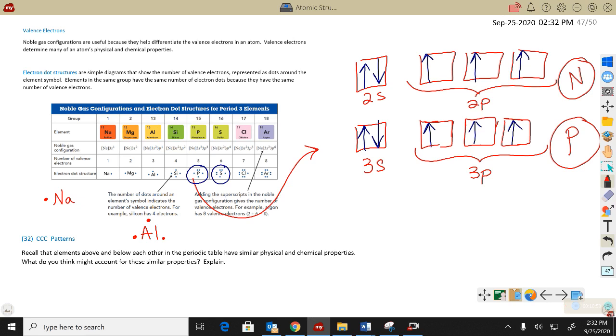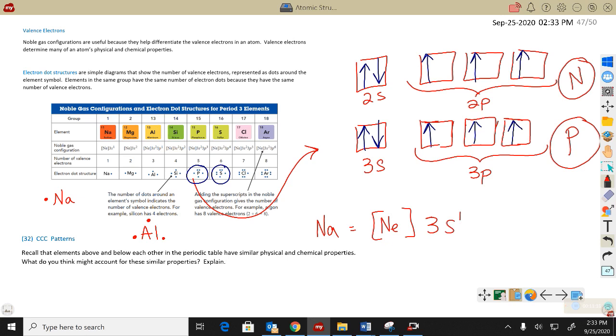Think about sodium versus lithium. Sodium's configuration, if I go shortcut, was neon, and then it just ended 3s1. Think about lithium or potassium.